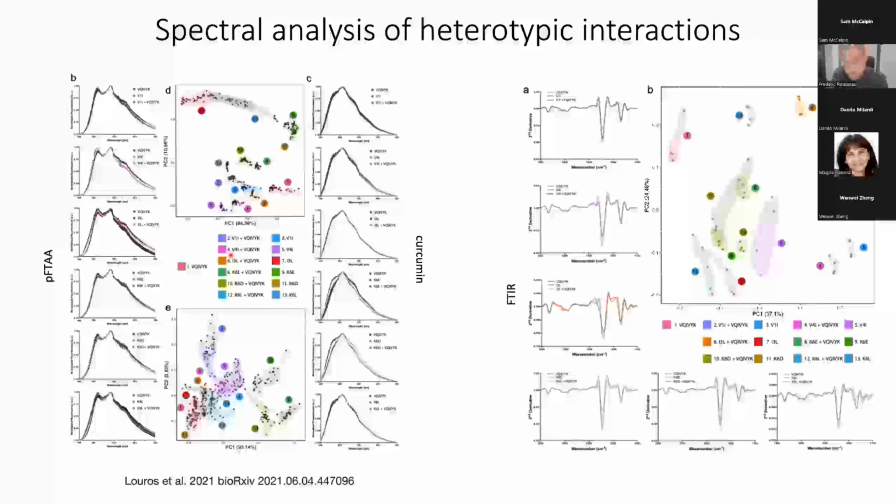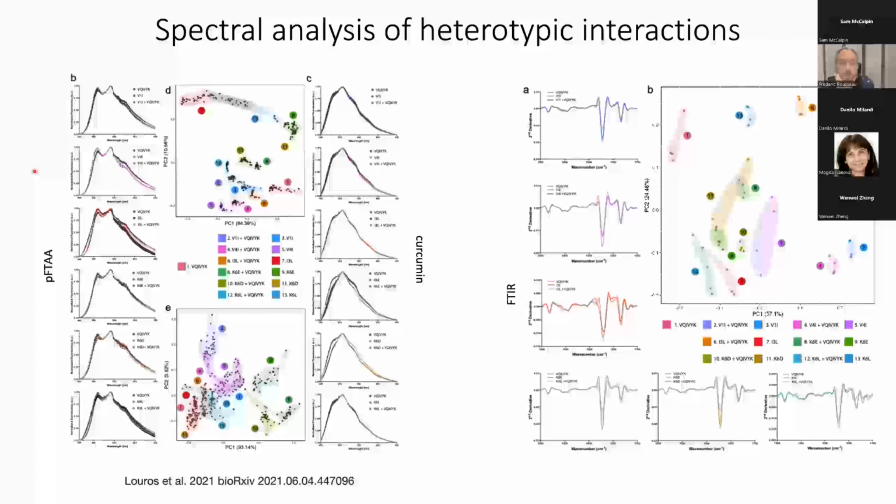Nikos didn't do, and this is my last slide, I think, the same work with Wenwei Zheng as Katerina did on A beta, but what he did was he looked at how the amyloid structure of tau PHF6 varied when incubating with those homologous peptides, and he did that using curcumin or PFTAA and looking at how the spectra changed upon co-incubation.